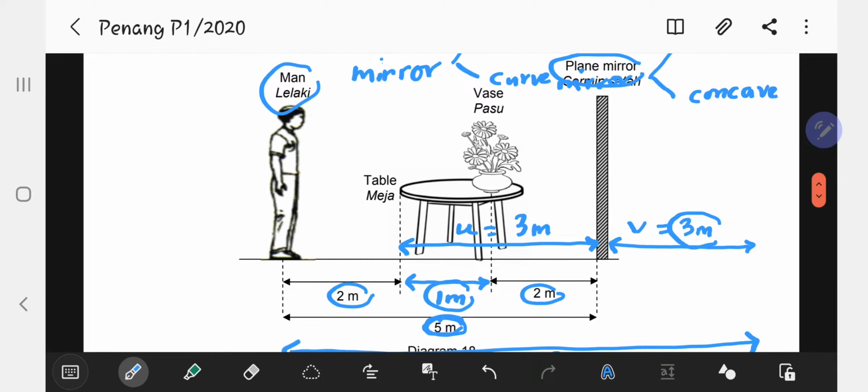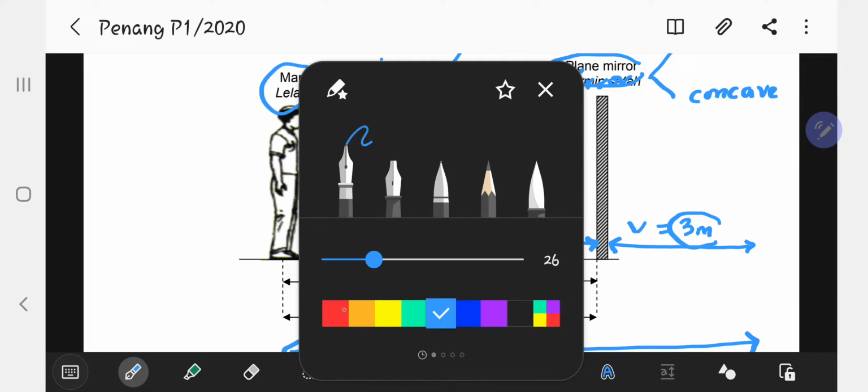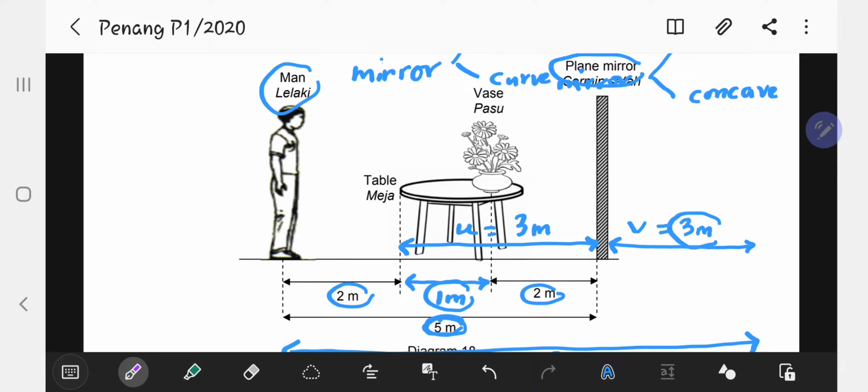What are the characteristics of the image formed by the plane mirror? If the image is formed behind the plane mirror, the characteristic is what we call virtual, maya. We look at the plane mirror only today.